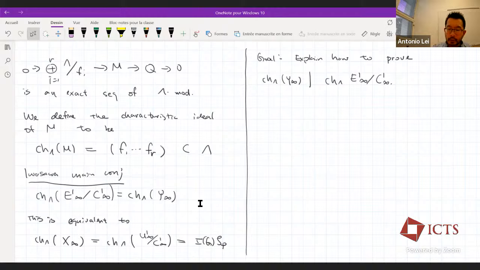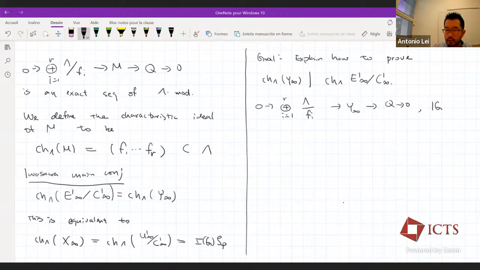Okay, so remember, we have this Y infinity. So Y infinity is a torsion lambda module. So it sits inside an exact sequence like this, where Q is a finite module.